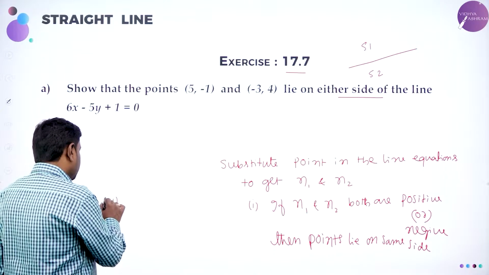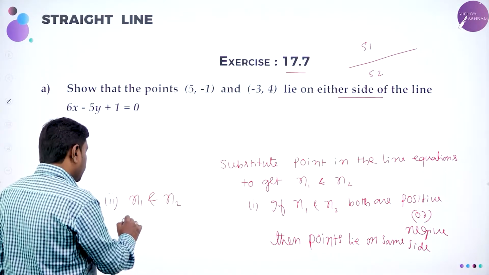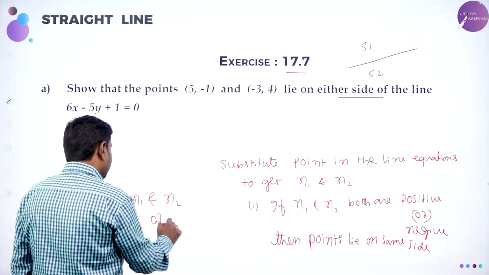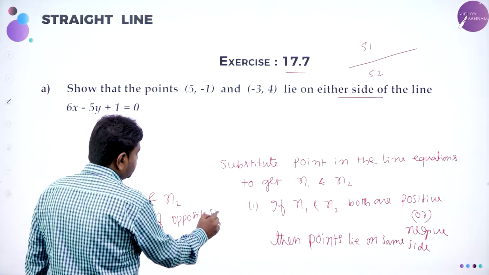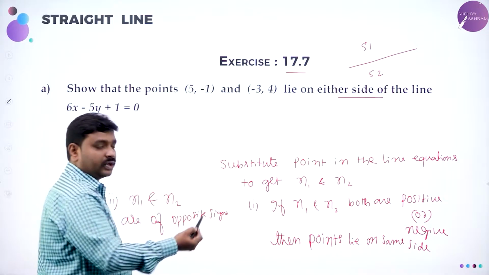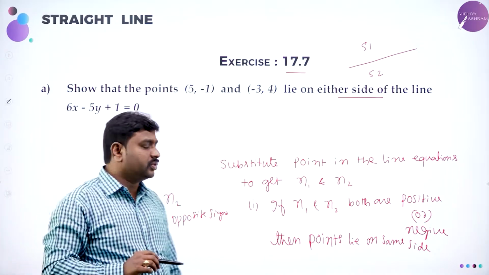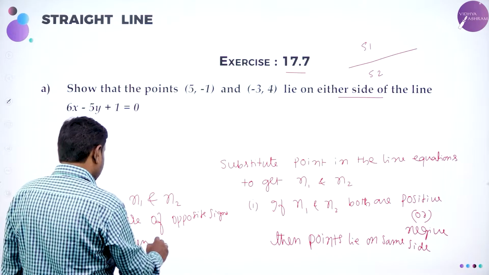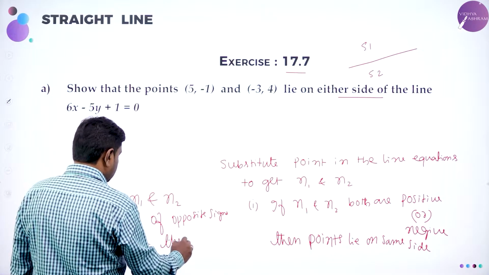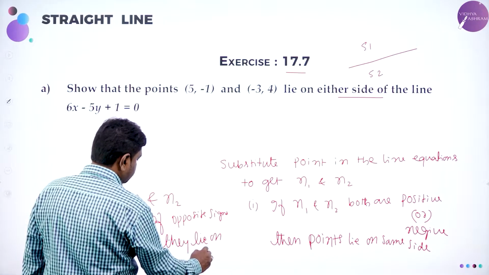If n1 and n2 number values are of opposite signs, opposite signs means one positive and one negative. Any one point gives you a positive value, the other point gives you a negative value, then they lie on opposite sides.